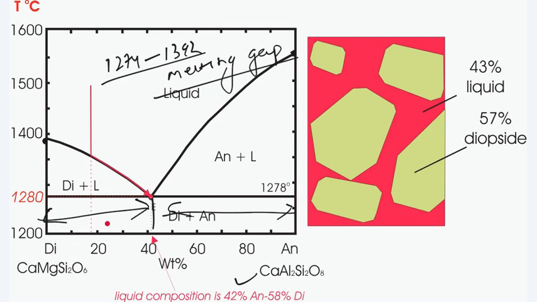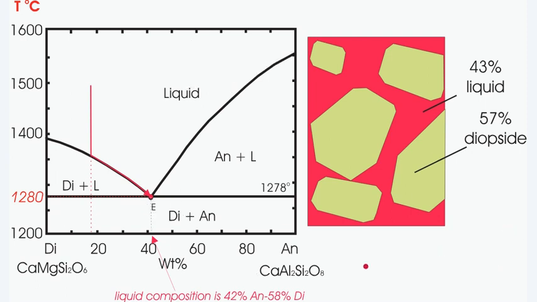If you do fractional crystallization, then what will happen? In fractional crystallization, the amount of solid that forms, the early formed solid, will be removed from the system. It is a different process we will study in diversity.